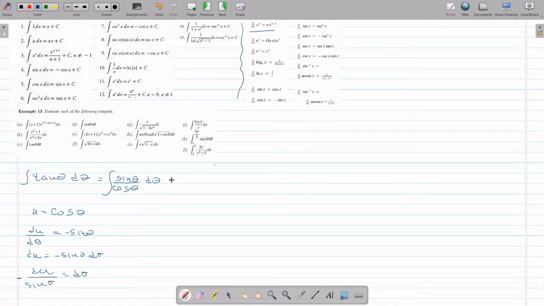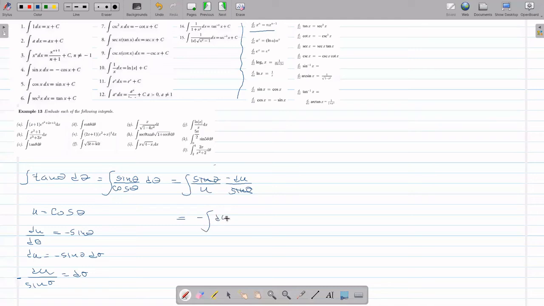Now if I plug in here, this is sin theta, no? This is u, and d theta is minus du over sin theta. Now this sin theta cancels out, and I pull the minus sign outside.